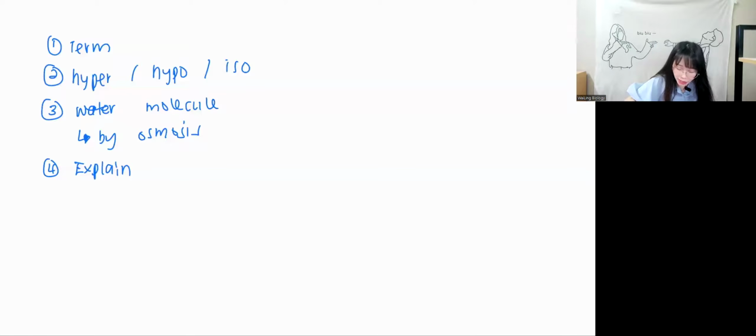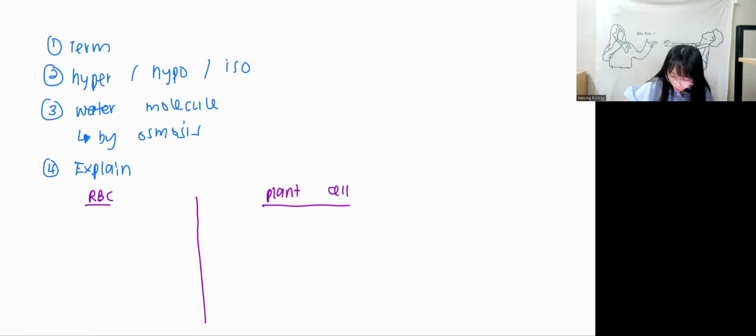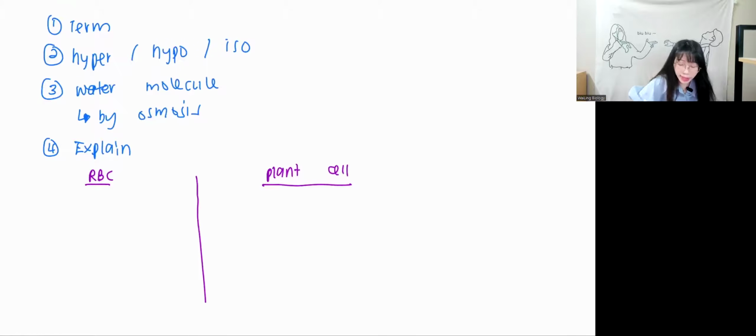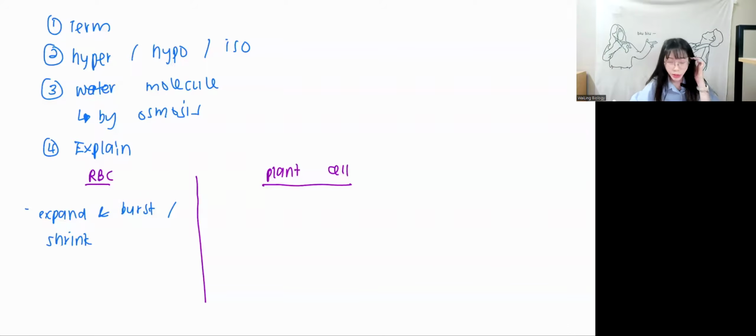We explain based on your red blood cell or animal cell and plant cell. As a red blood cell, how are we supposed to write it? Red blood cell, we're going to say it expands and bursts or shrinks. Choose either one depending on the question.